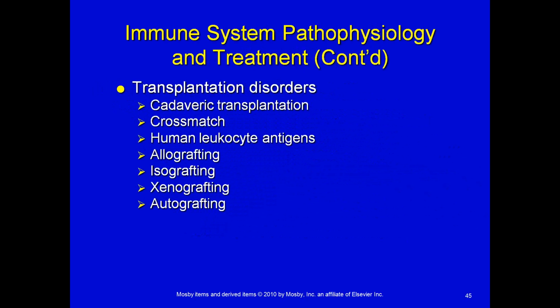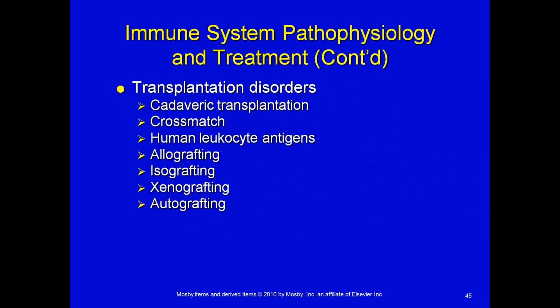Anytime a person gets a transplant, the potential for the body rejecting that transplant is high. And in many of these patients who receive transplants, they have to make certain that it's a good tissue match, it's a good blood match.